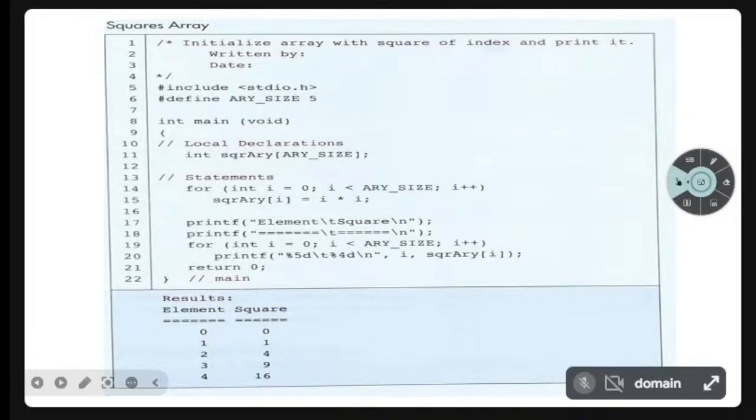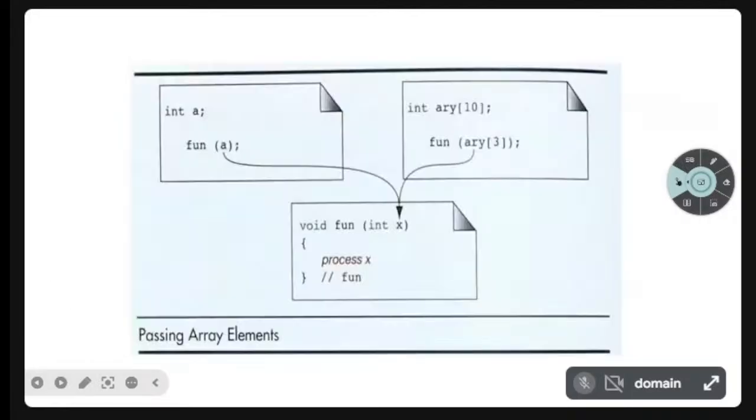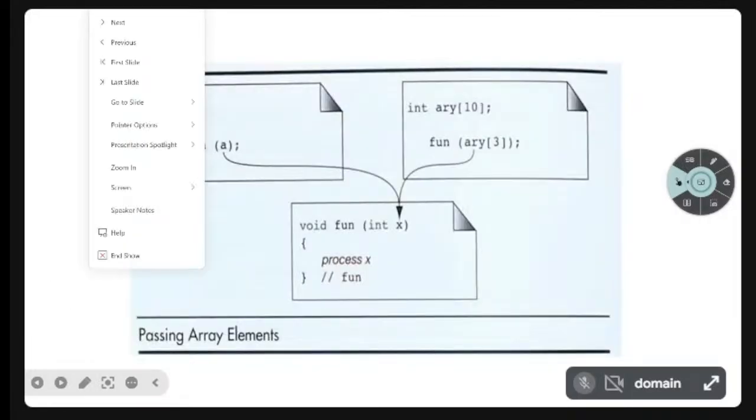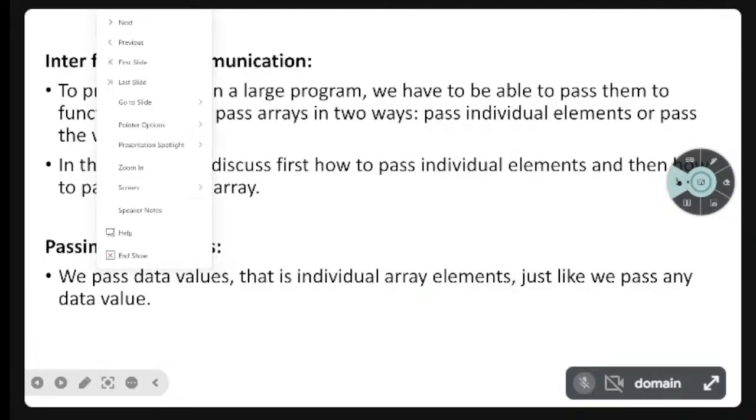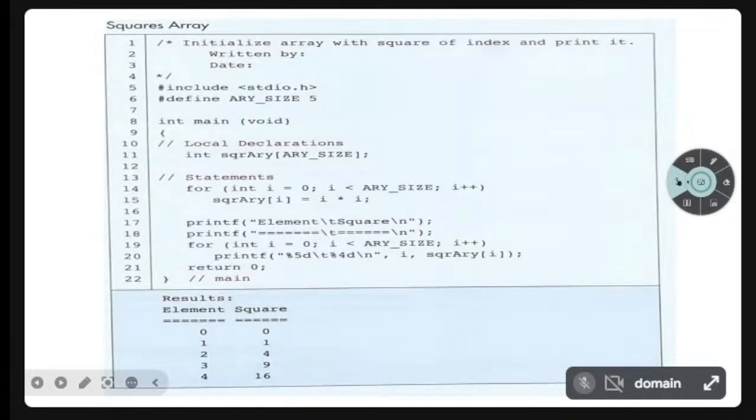Hash include stdio.h, hash define array size 5, int main void, or you can directly declare, no problem.